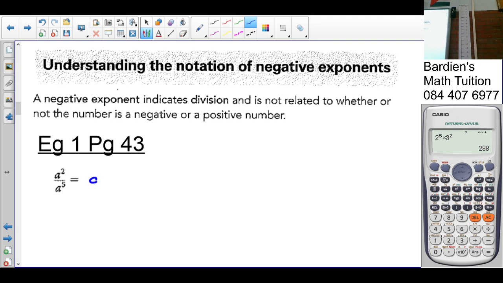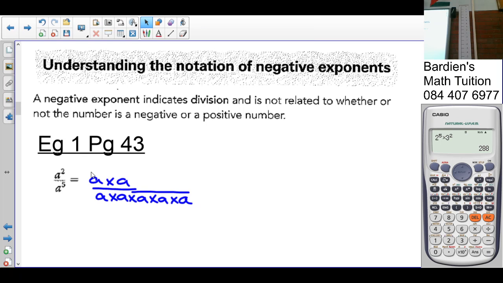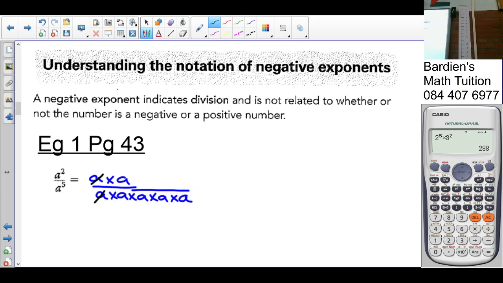A to the 5 is a times a times a times a times a. So what happens? A goes into a once, a goes into a once, a goes into a once, a goes into a once. So what are we left with? On top is 1, over a times a times a, which is 1 over a cubed. But you'll argue, we could have used the second law of exponents, which simply says a squared over a to the 5.